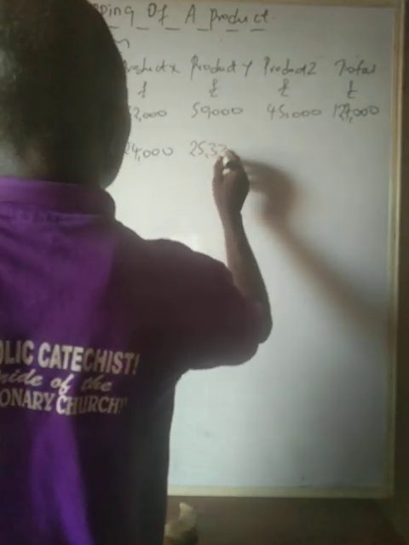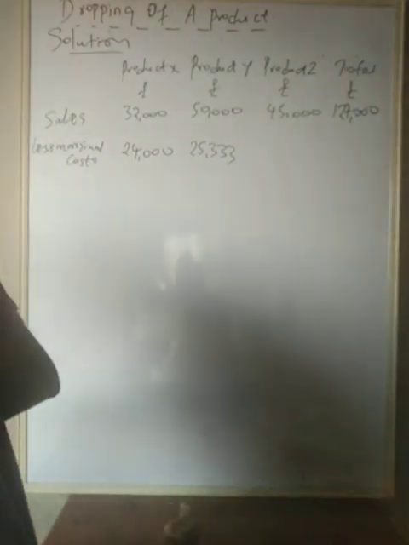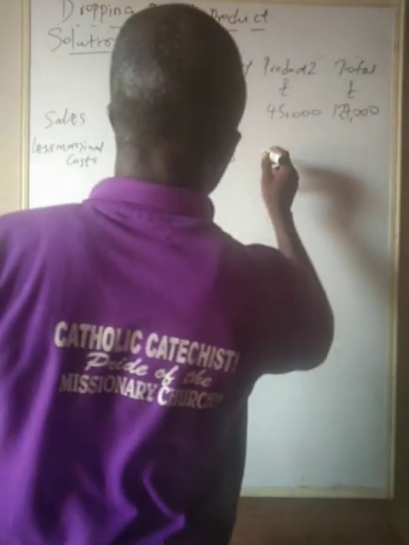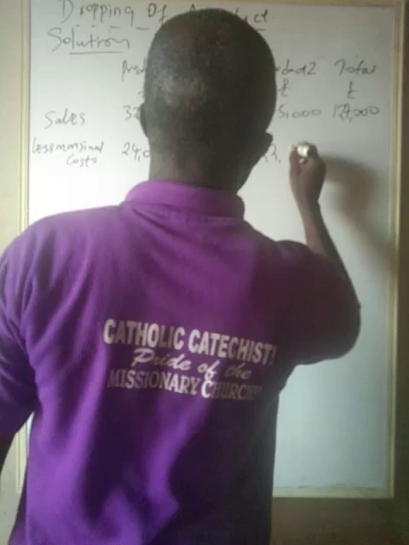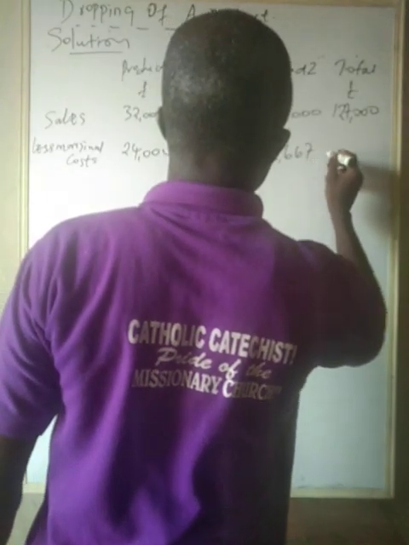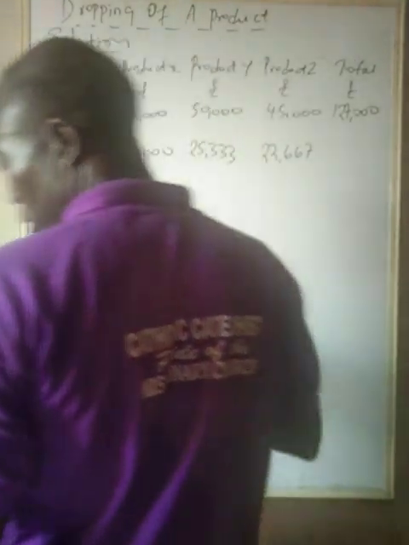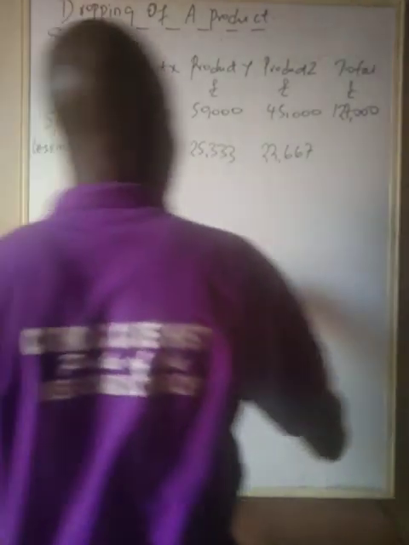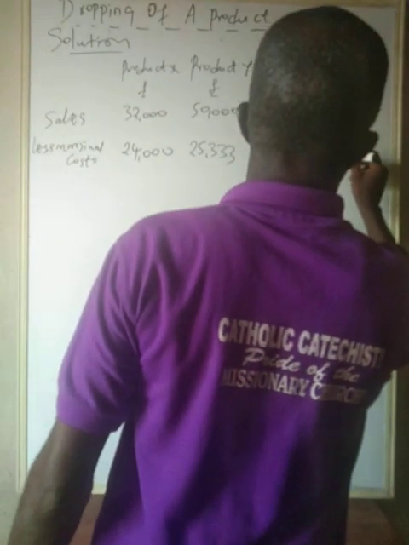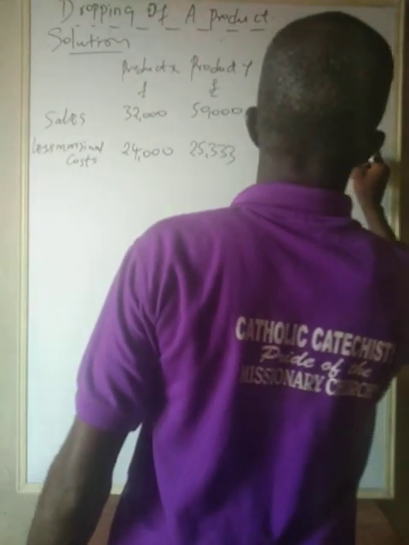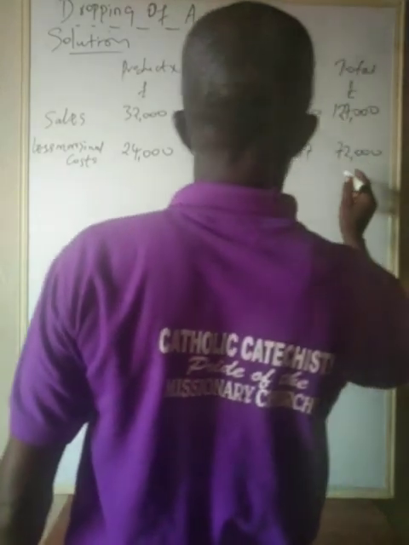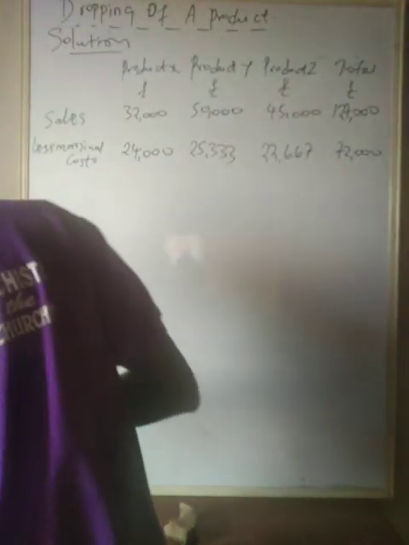Then for product Z, marginal cost is 22,667. And the total is 72,000 pounds. And then, look at the contribution.